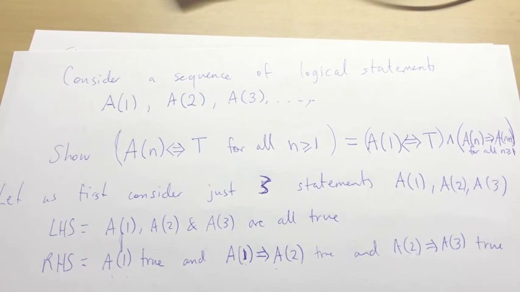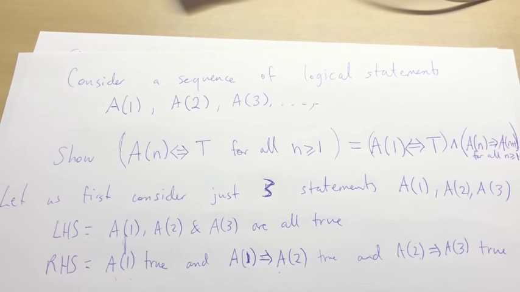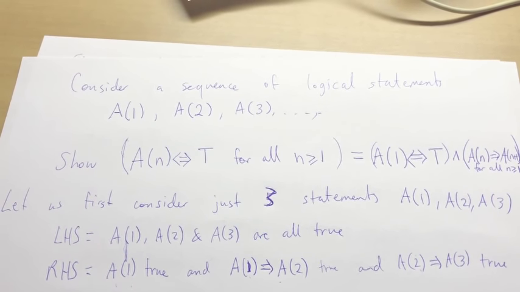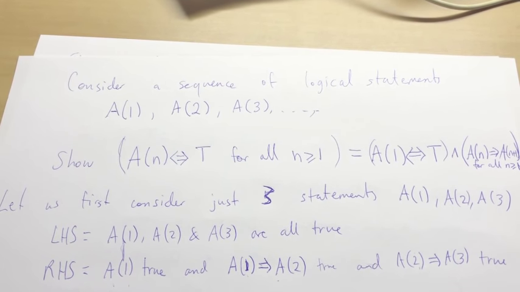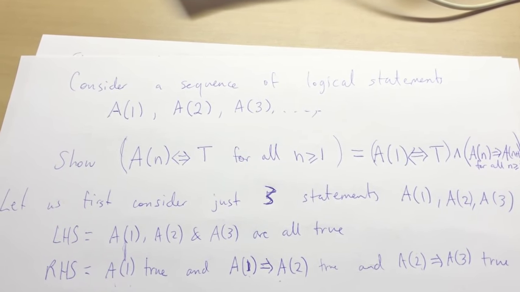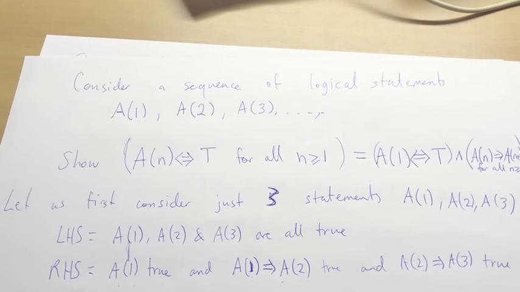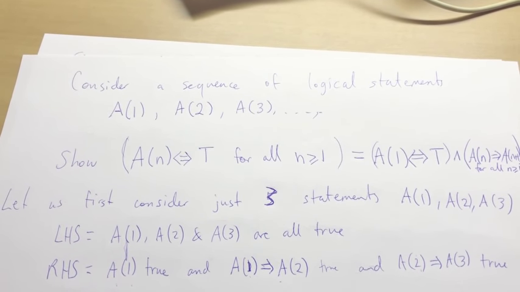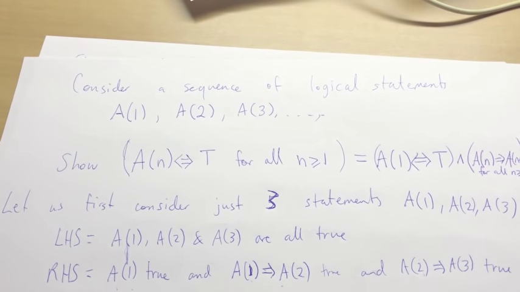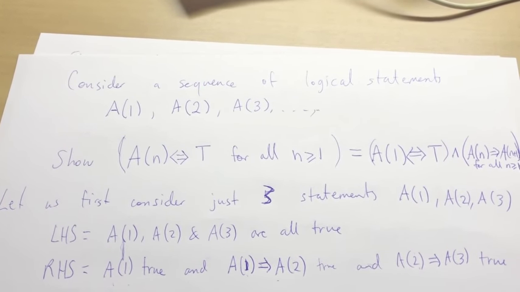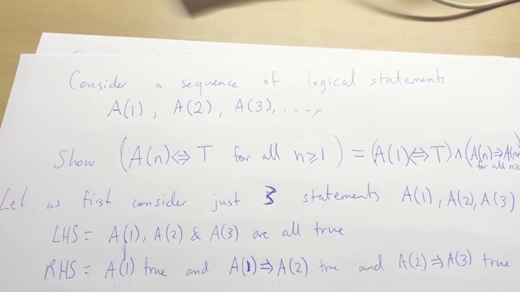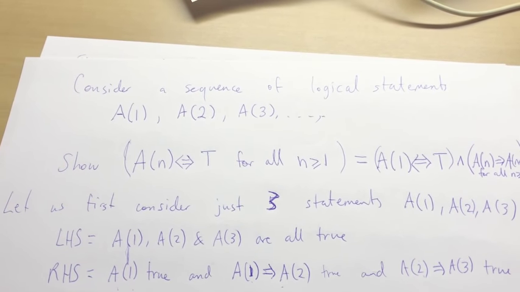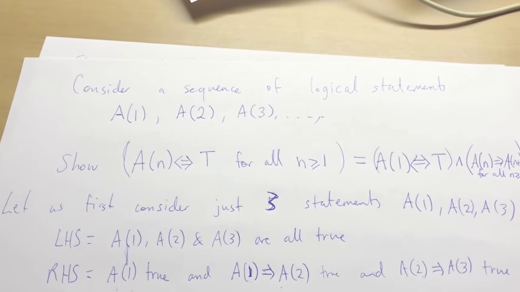So when all 3 are true, it's certainly the case the right-hand side is true. But what if the right-hand side is true? Does that mean the left-hand side is true? If the right-hand side is true, it means A1 is true, and then A1 implies A2, and A2 implies A3.